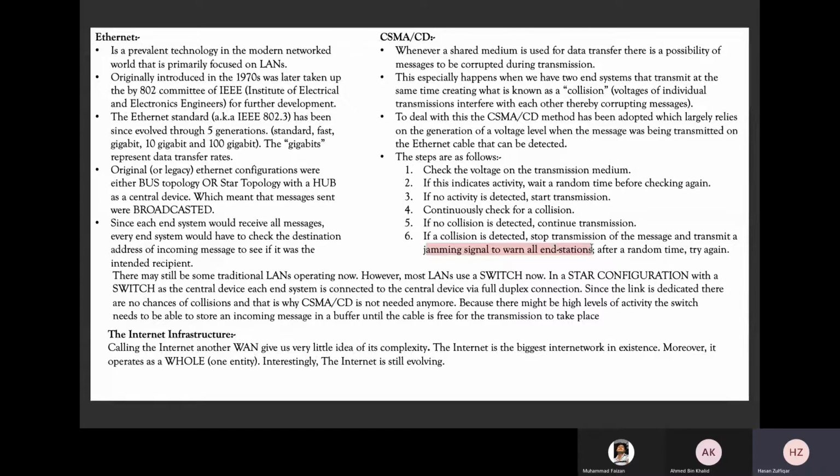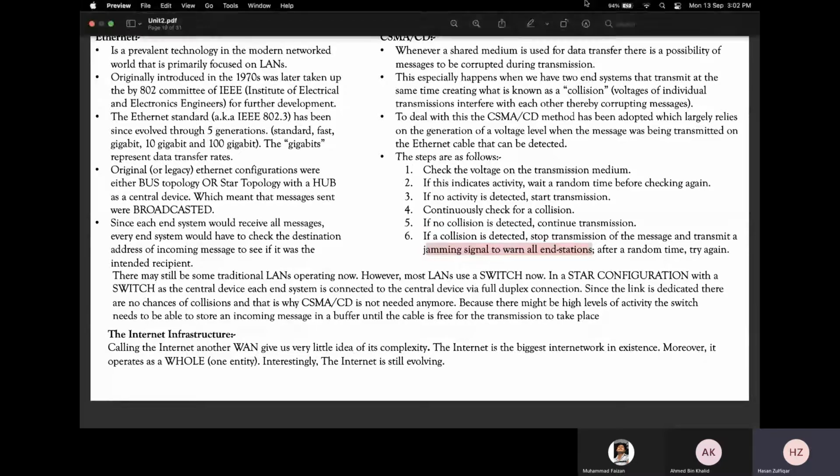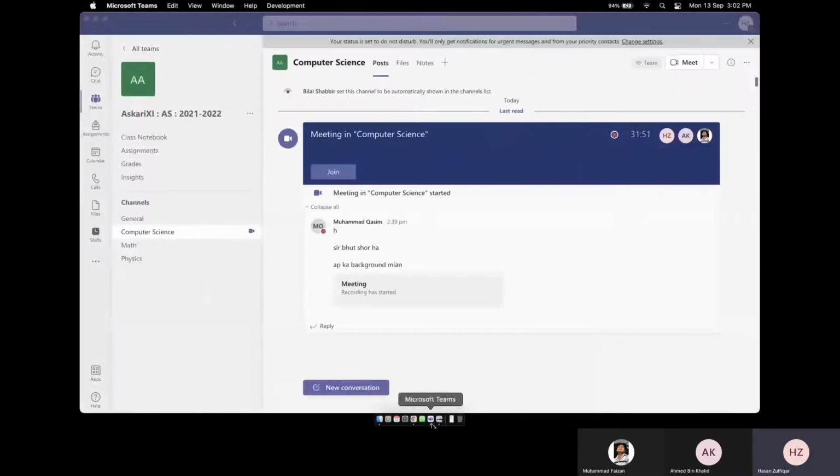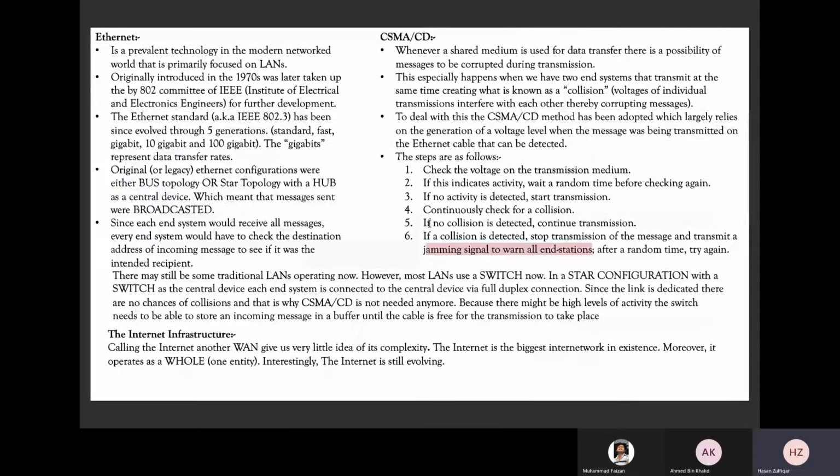And after that, they will wait a random amount of time, because they want to reduce the chances of a collision occurring again. After that, they will start sensing the carrier again before they can start transmission. So this is basically what carrier sensing multiple access with collision detection does.